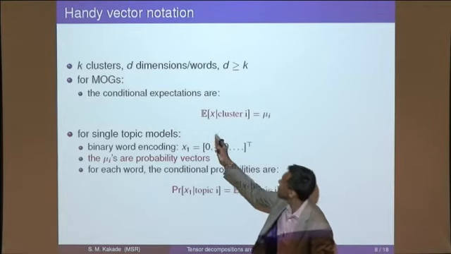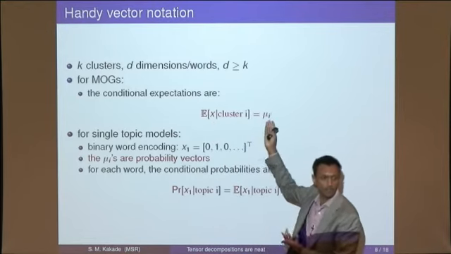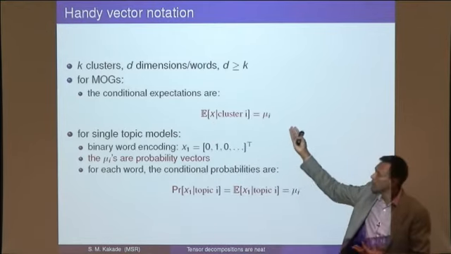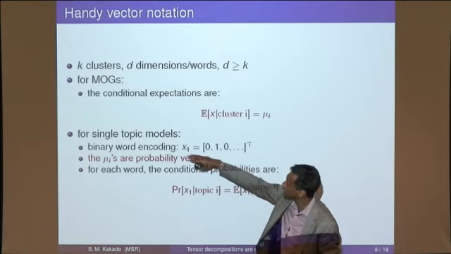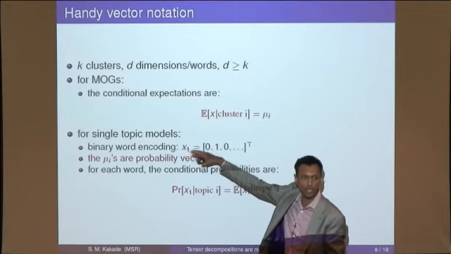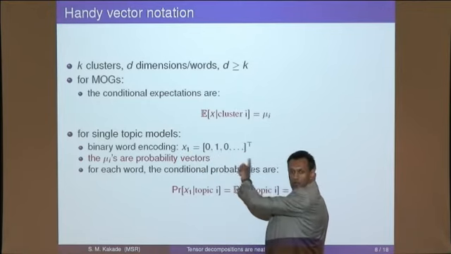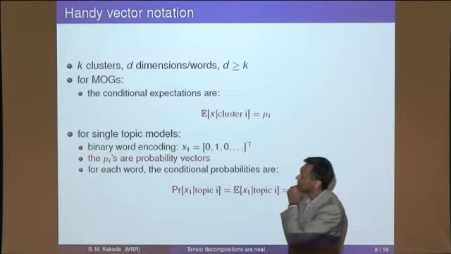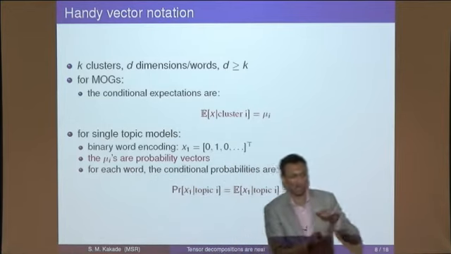Okay, the mixture of Gaussians case, what's the expected value of x given we're from cluster I? It's just the mean. That's the definition, right? For the vector notation, it's helpful to think of words, like this is the first word, as these one-hot encodings where this says the second word is on. Okay. Why is this handy? Because if we use this encoding, we can think of these mu's as probability vectors.